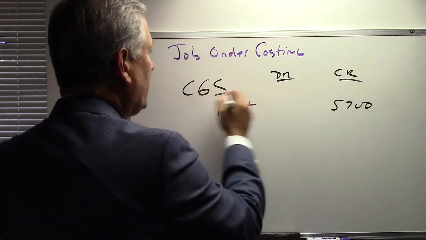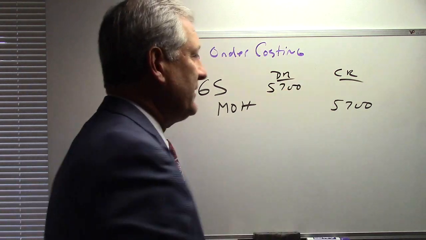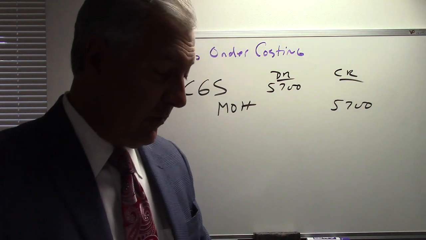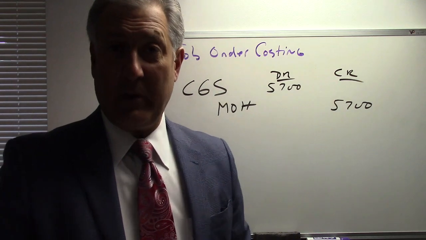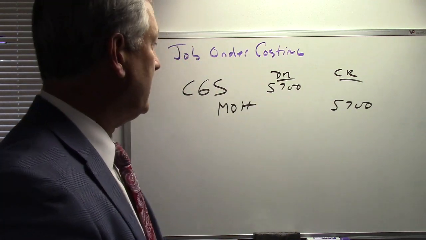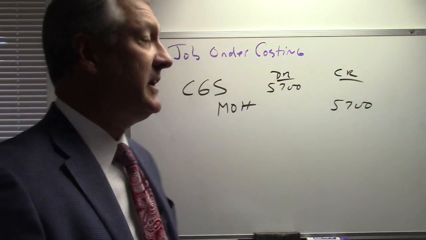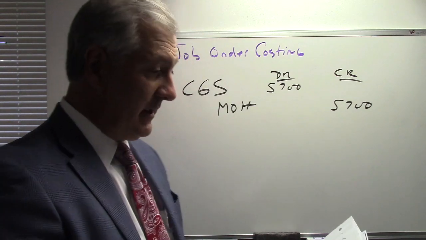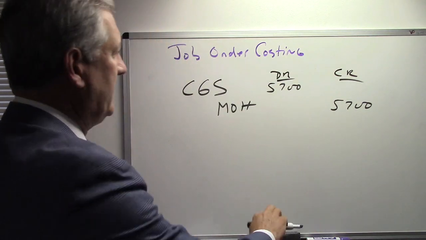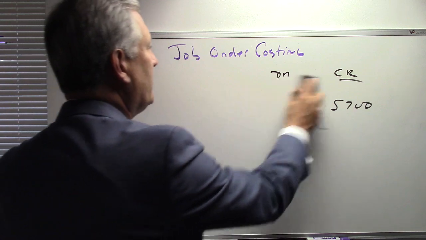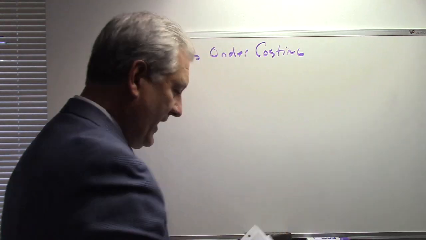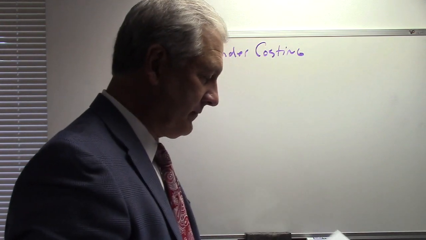And it's the cost of goods sold for $5,700. So what does it do? It decreases gross margin. That's in essence what it does. It decreases gross margin, it decreases net income. So a great little problem that helps you get used to understanding manufacturing overhead.